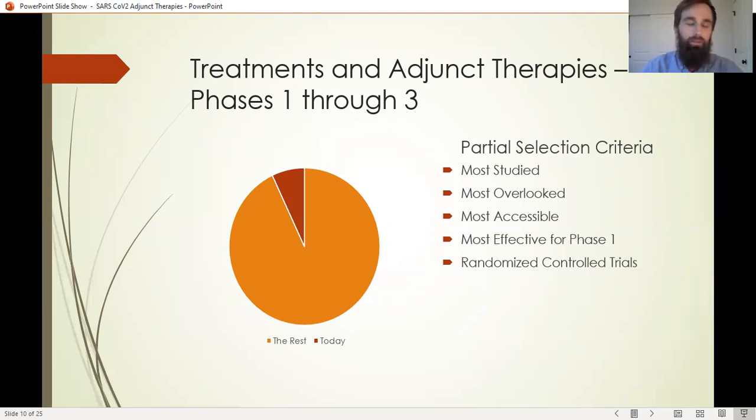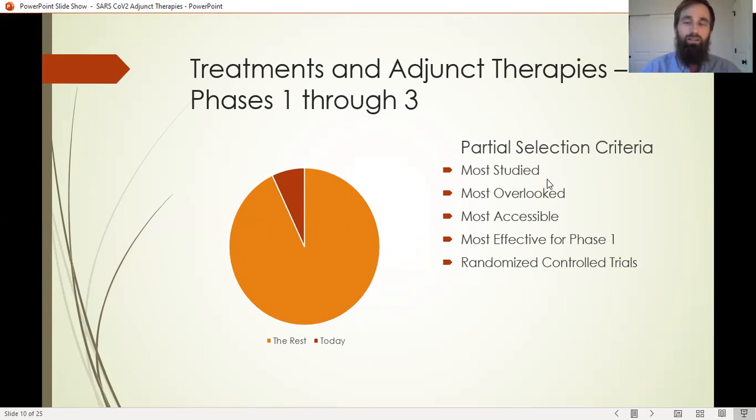there's way more than we can cover today. We're just covering a very small part. You can see our little pie chart here. We're just going to cover this small sliver of red, basically, and there's so much more that we don't have time to cover. Part of my selection criteria for these studies: I chose some of the natural remedies, some of the adjunct therapies that have been most studied.